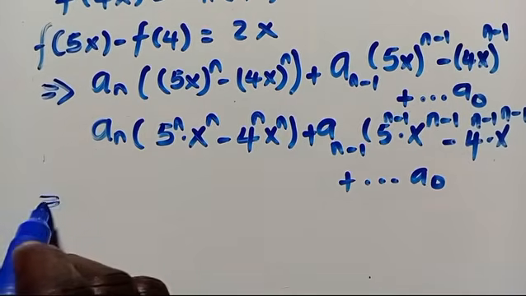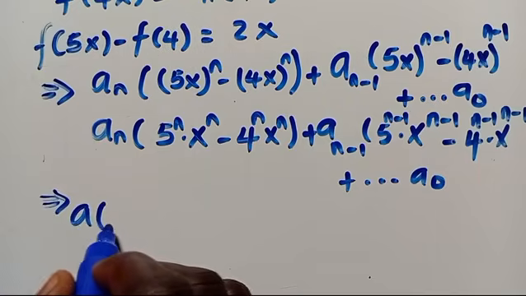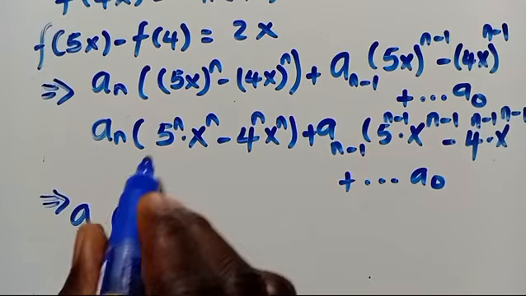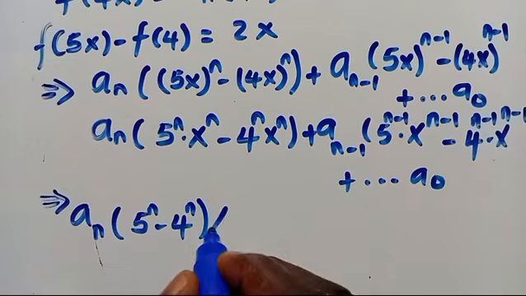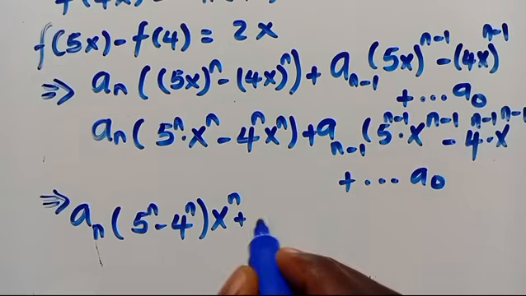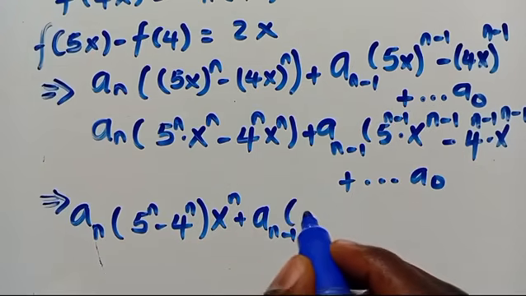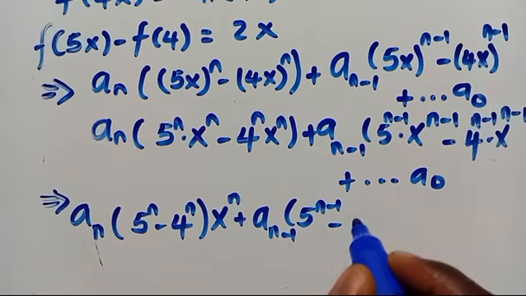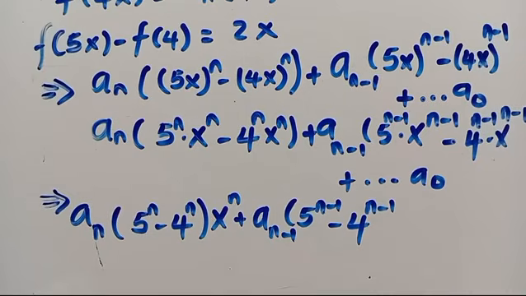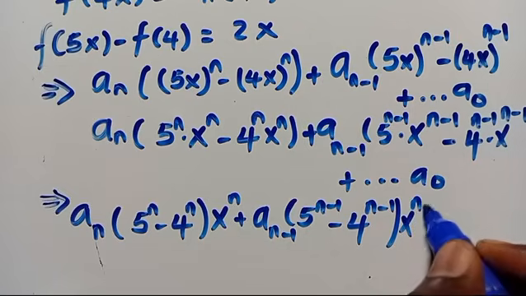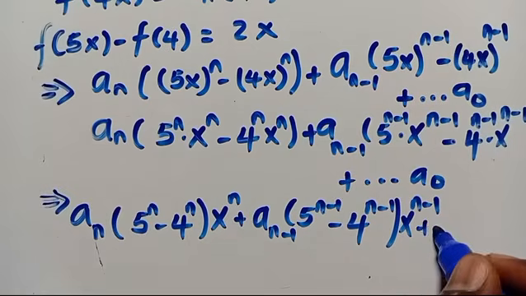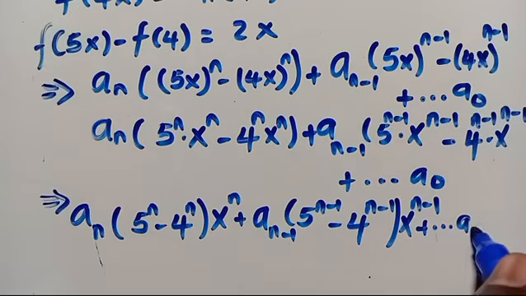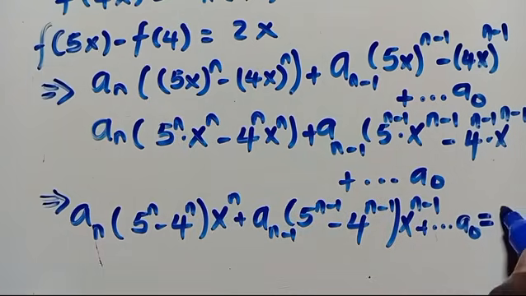Then it will now be a_n times (5 to the power of n minus 4 to the power of n) times x to the power of n. From here, a_(n-1) times (5 to the power of n minus 1 minus 4 to the power of n minus 1) times x to the power of n minus 1. Then we have this dot dot a naught.